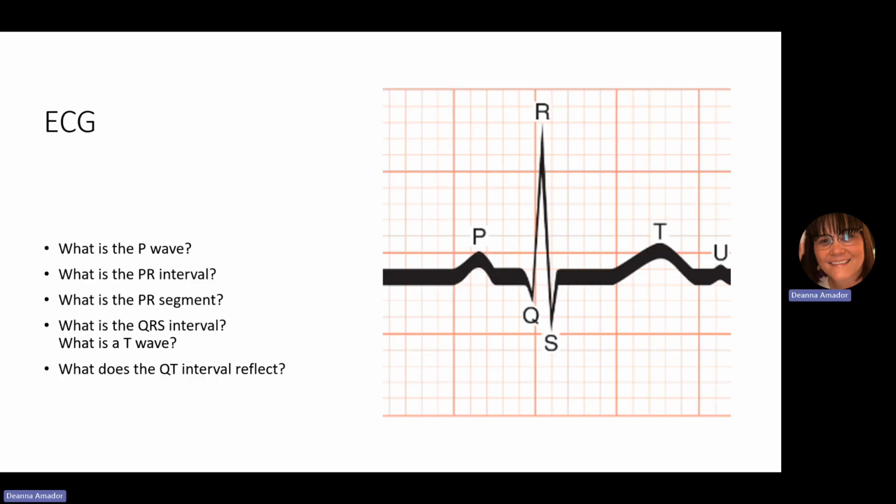This next slide is your EKG or your ECG, and this is showing your PQRST and then a U wave. Not always do you see a U wave. The basics are to remember that your atria is reflected in your P wave and your ventricles are reflected in your QRS.